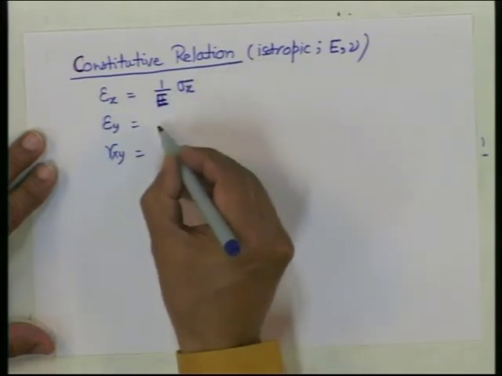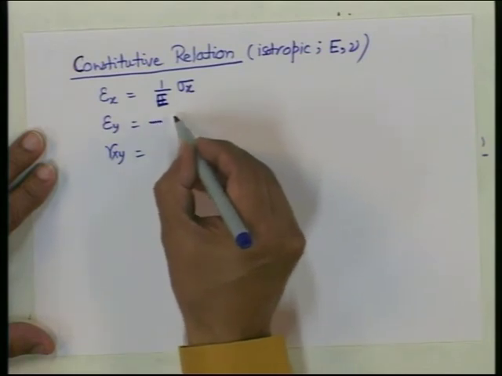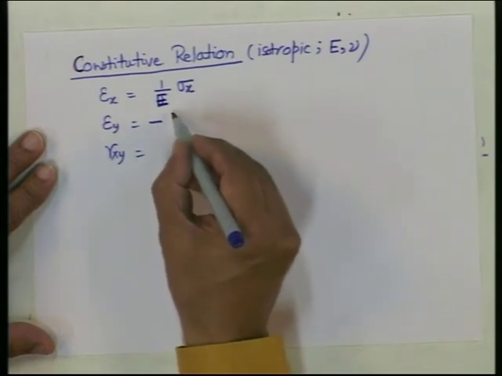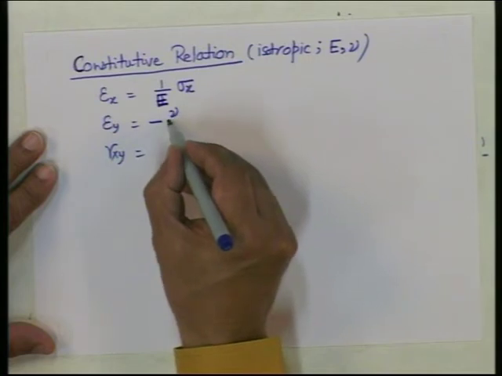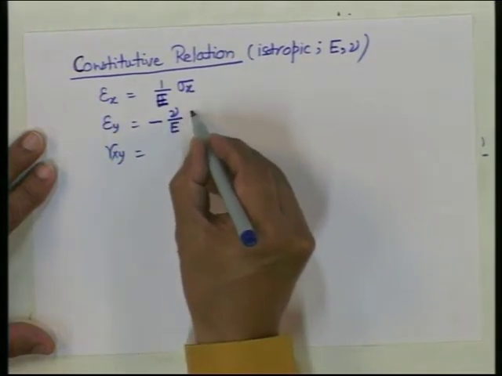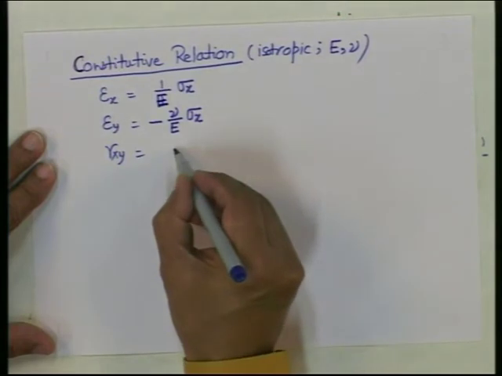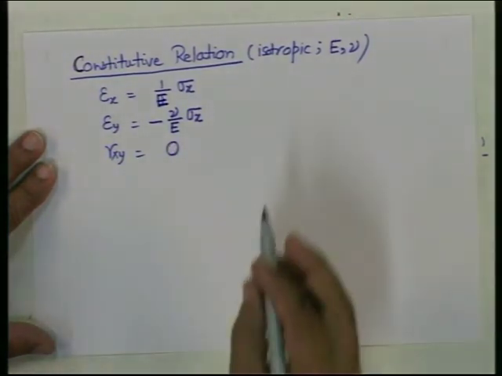If sigma x is applied, then minus nu times sigma x by E, and no shear.